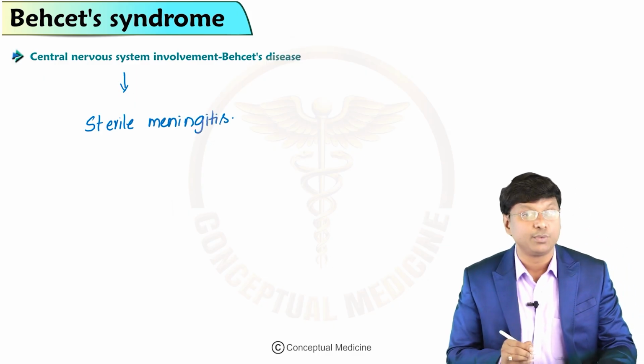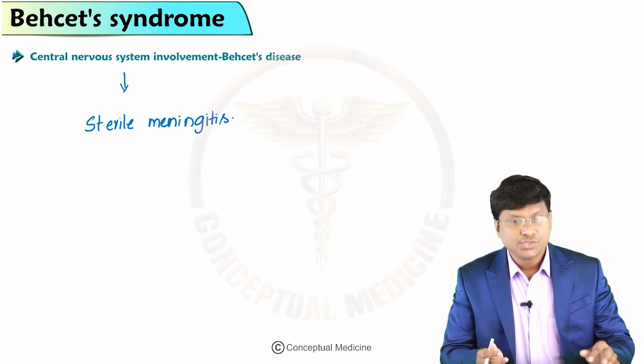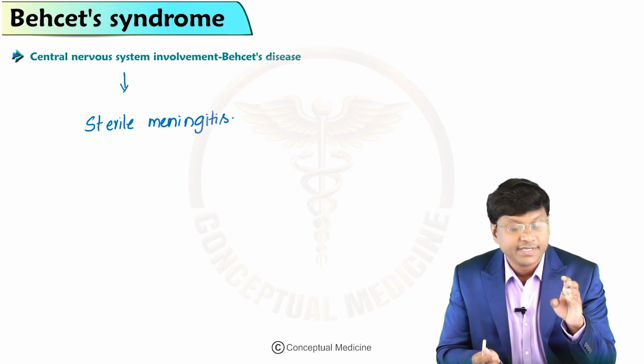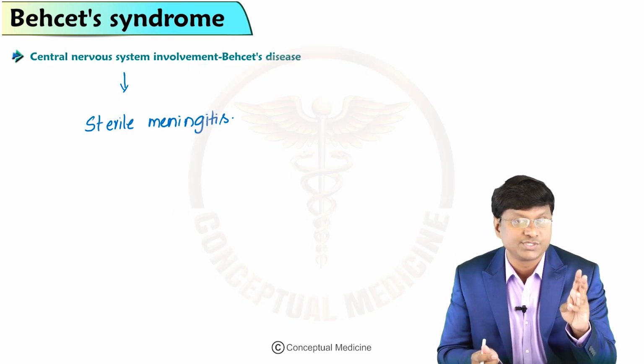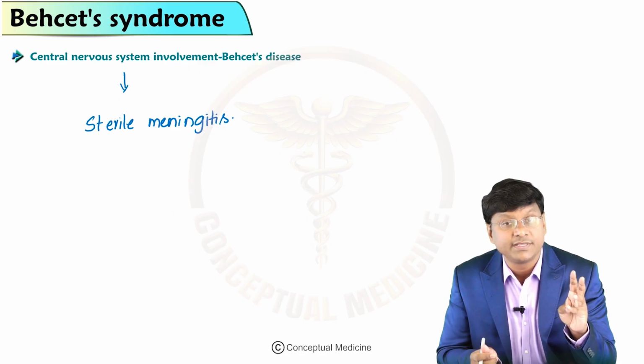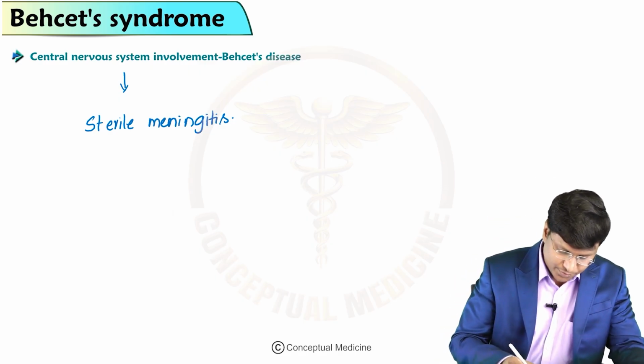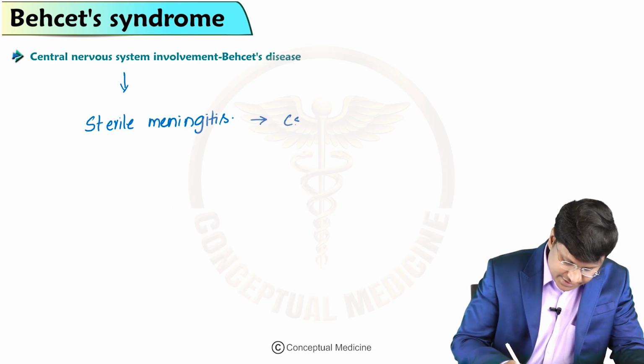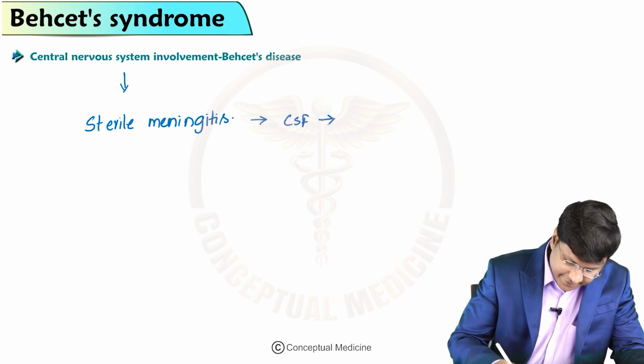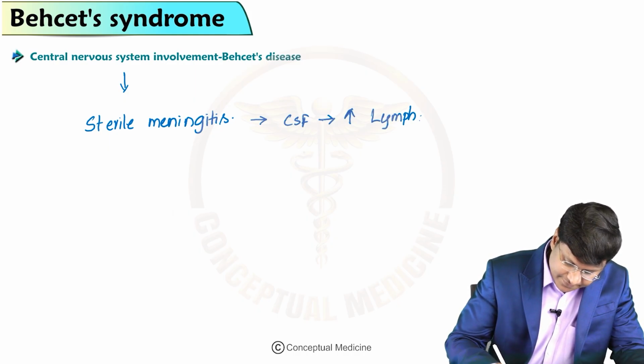The individual will have recurrent meningeal headaches, associated with lymphocytic pleocytosis. So when you do a CSF analysis, you don't have any organism there, but you have an increase in the lymphocytes within the CSF.